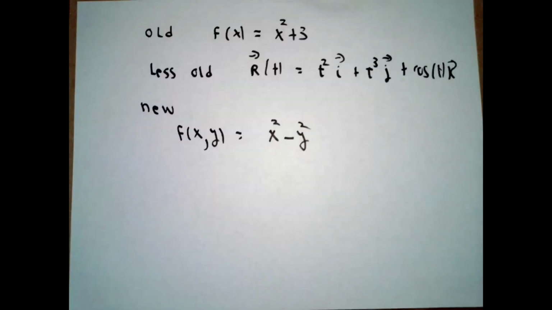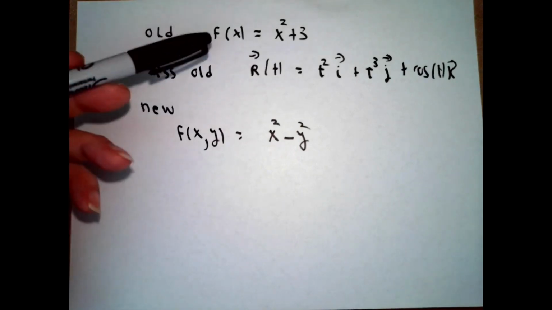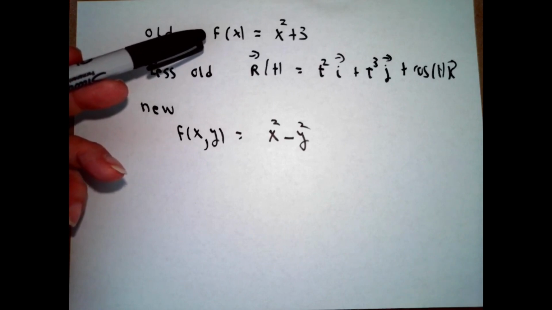In this video, we're going to begin looking at the next case that will be of interest to us. This is when you have several independent variables, but the function value is a real number instead. Let's look at f of x equals x squared plus 3.